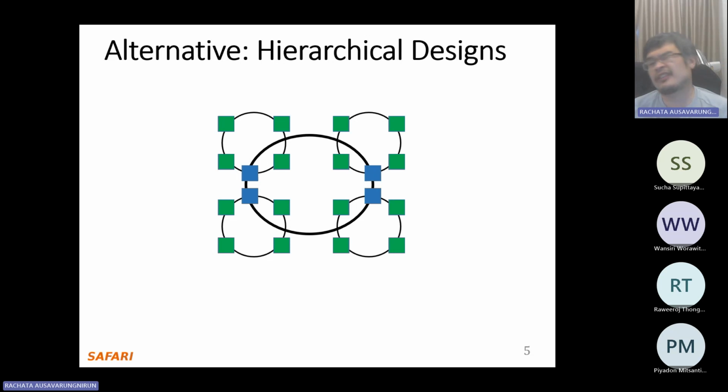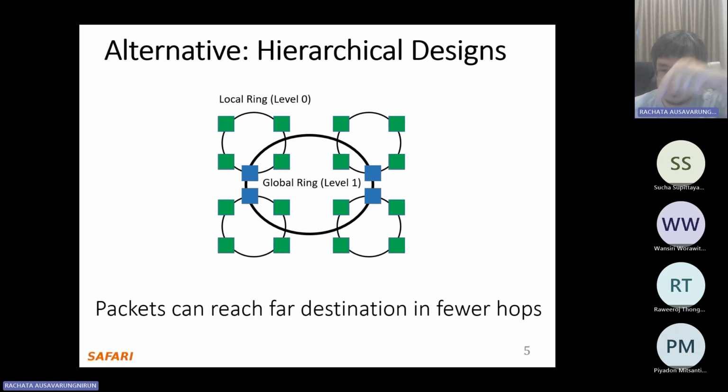People proposed this design a long time ago. The idea is basically I have the local ring, level 0, and then the global ring, level 1. I can even add another global ring, which is level 2. And the key benefit is I can reach far destinations with fewer hops. I don't have to jump that many steps to get to my destination.